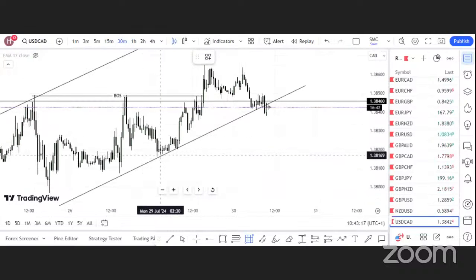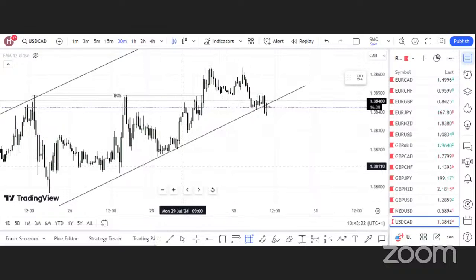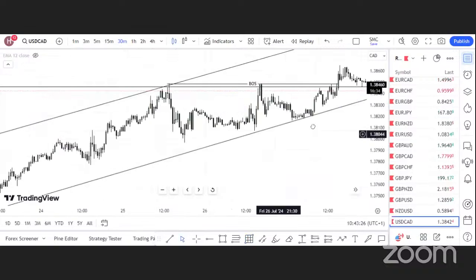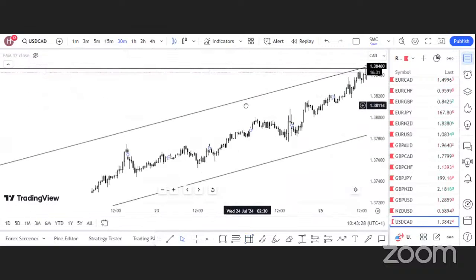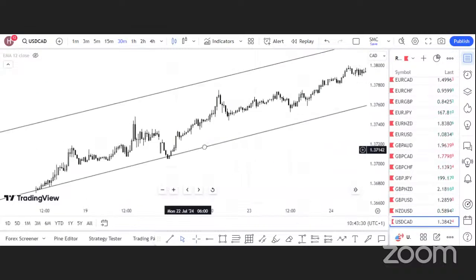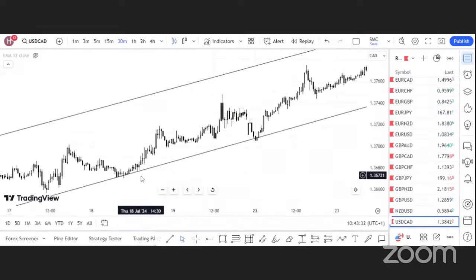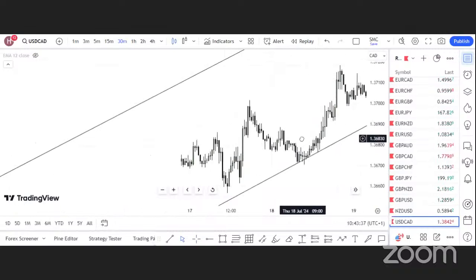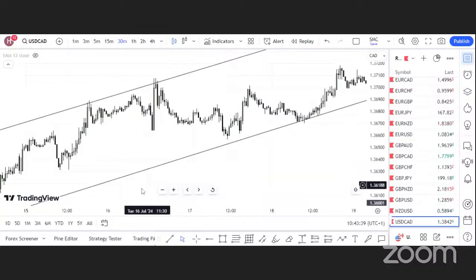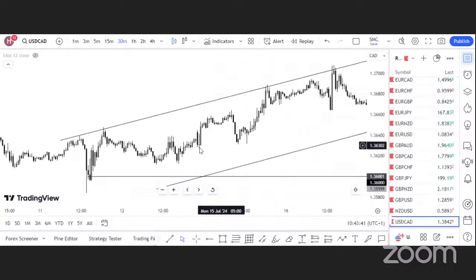So you see the market has been trading on this level, on our trend line channels. So every time the market touches the trend line channel, the market will always buy. So you see, we have a touch. We have several touches.